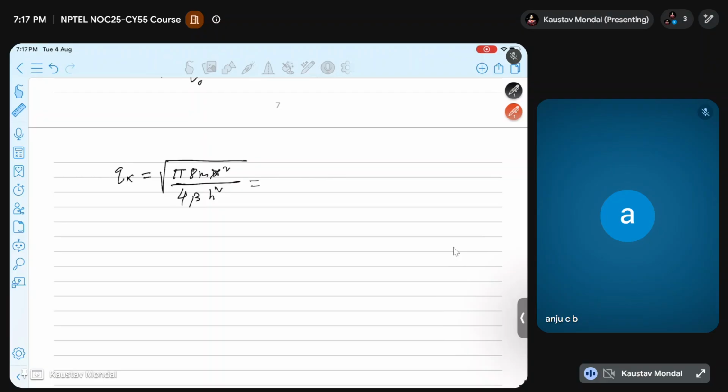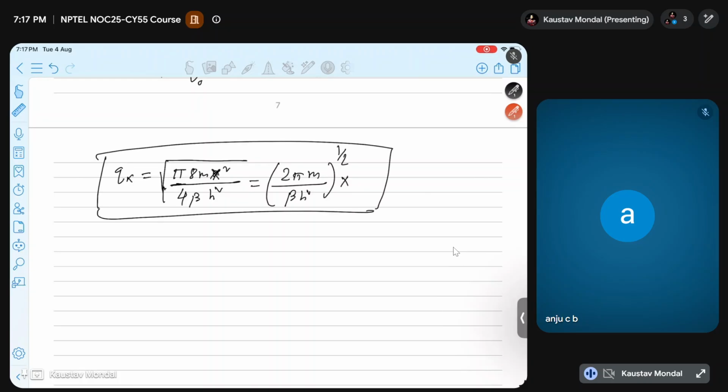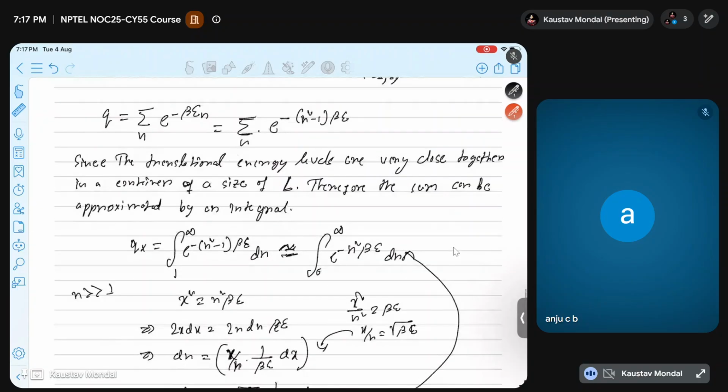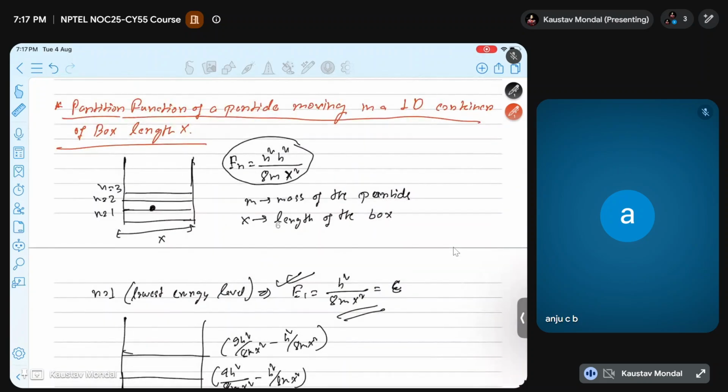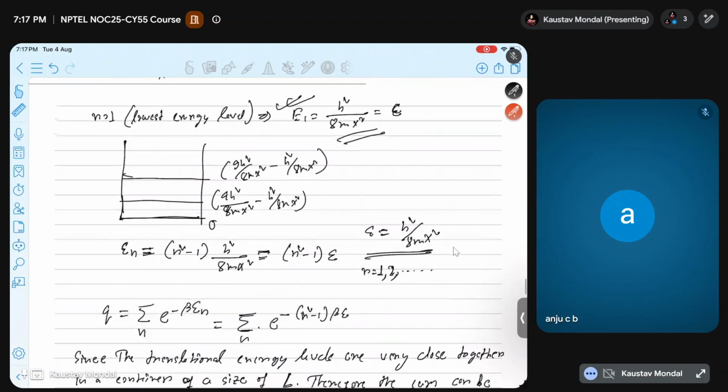If you cancel the common terms, it will become 2 pi m by beta h square to the power half, times x. This is basically the expression for the translational partition function for the case where the particle is trapped in an infinite potential well. Okay, a single particle. Basically, this is for a single particle, and the dimension is 1D.